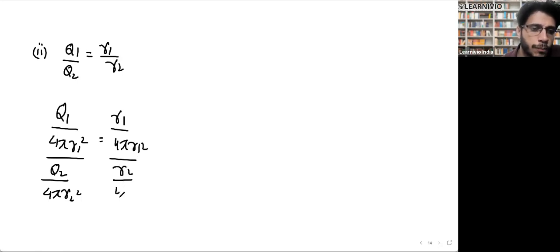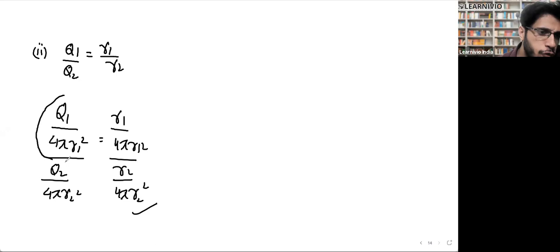Similarly, this with 4 pi R2 square. If I'm dividing on the left hand side, then I should divide on the right hand side also. Is this step clear? Yes, sir.